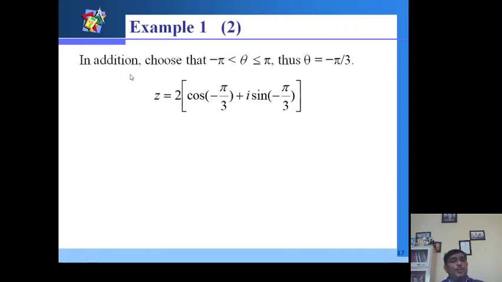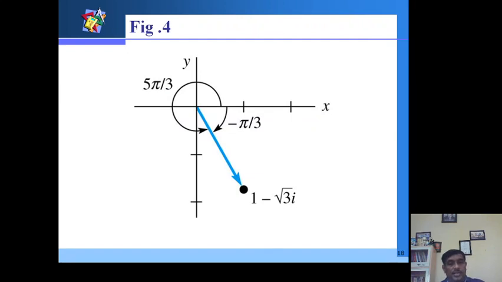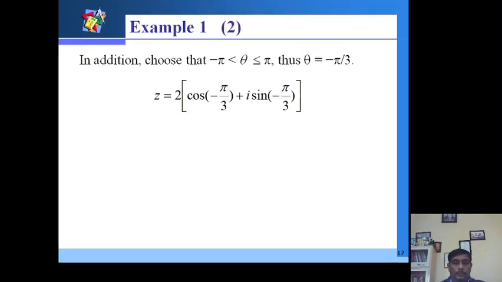In addition, you know that minus pi less than theta less than or equal to pi. Therefore, theta is equal to minus pi by 3. Then z can be expressed as 2(cos of minus pi by 3 + i sin of minus pi by 3).